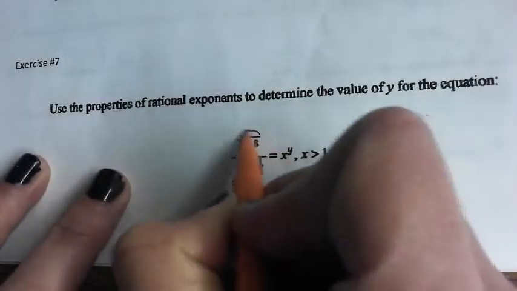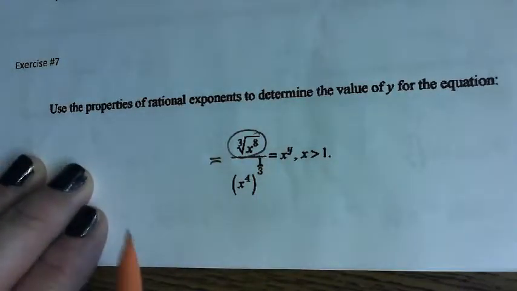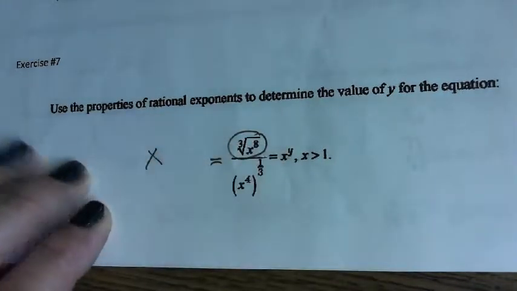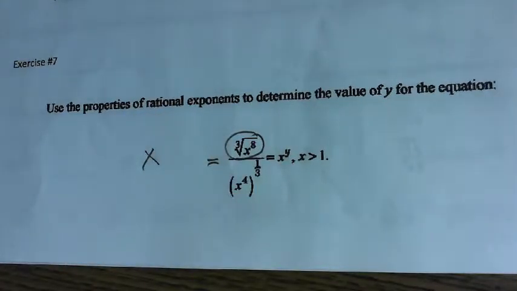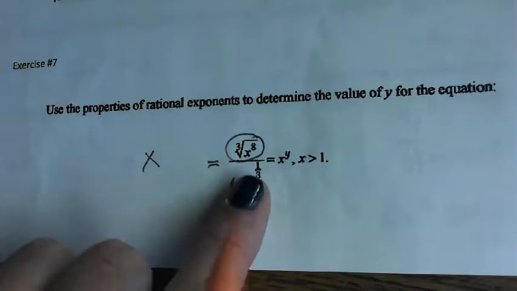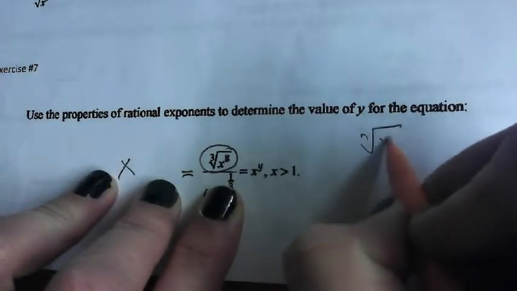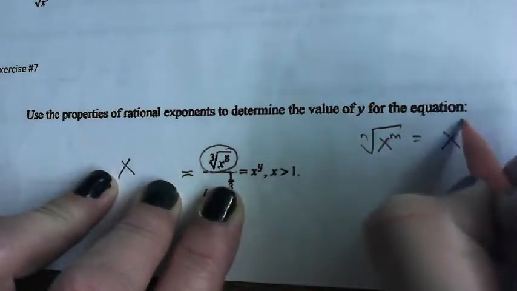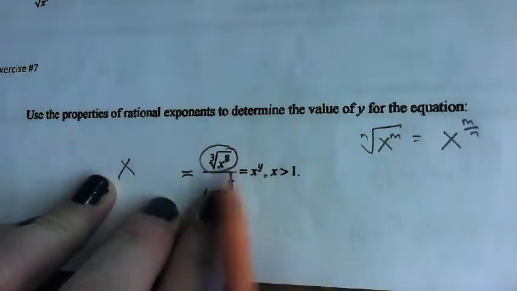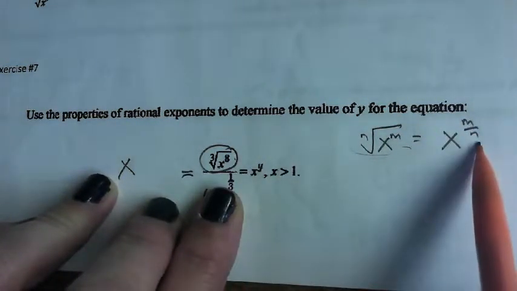So this radical needs to be changed to x to what power? Tess? I'm just following this rule. Nth root of x to the m becomes x to the m over n. So I want to take this radical and put it into exponential form.